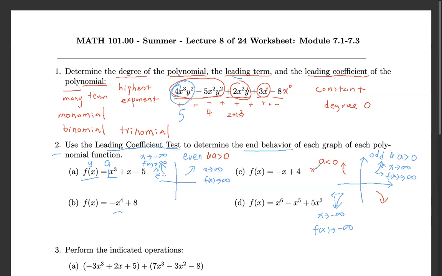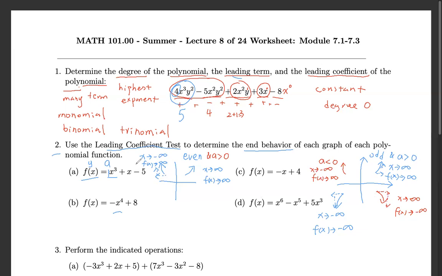This is when x goes to negative infinity, but the function value goes to positive infinity. This is when x goes to positive infinity, the function value goes to negative infinity. You see the x value goes this way to positive infinity, but the function value goes down.